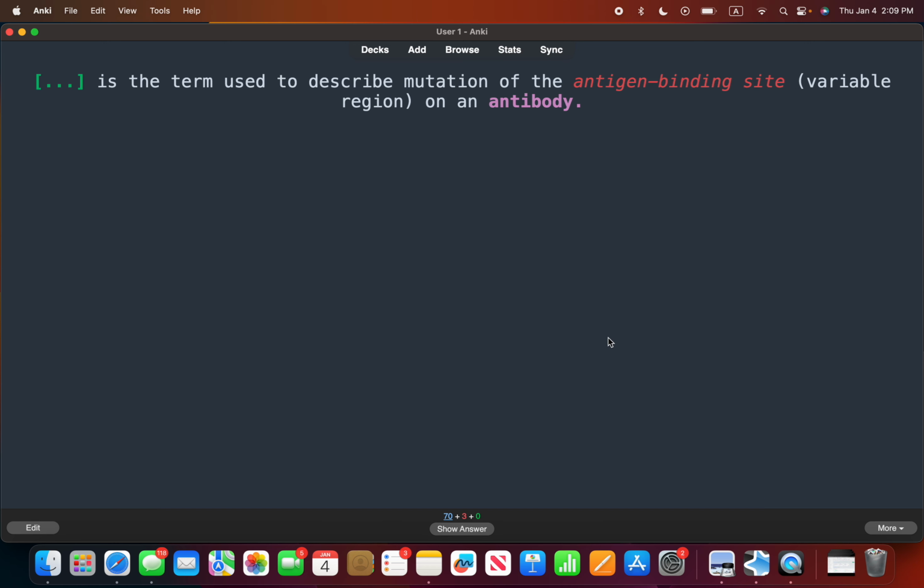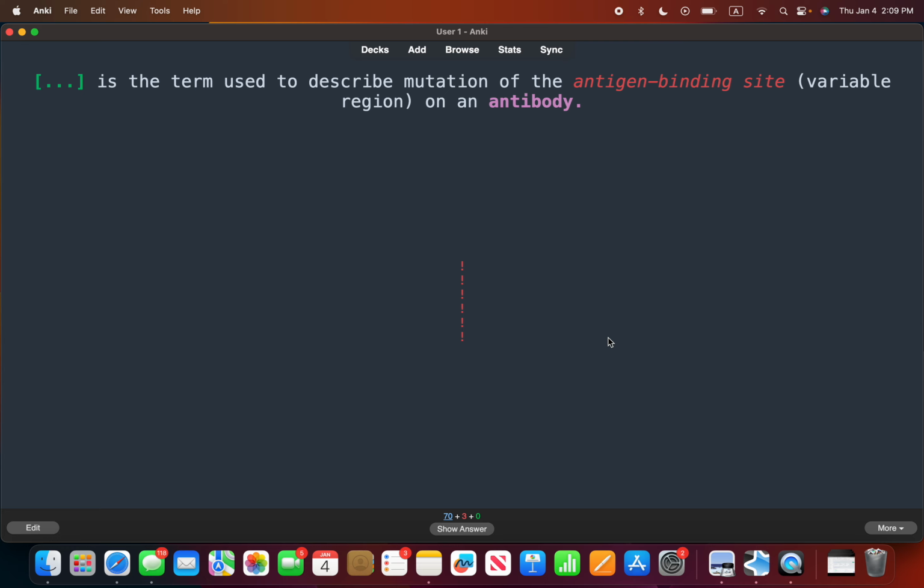What is the term used to describe mutation of the antigen binding site, variable region on an antibody? So what is the term that is used to describe mutation of the antigen binding site, the variable region on an antibody?